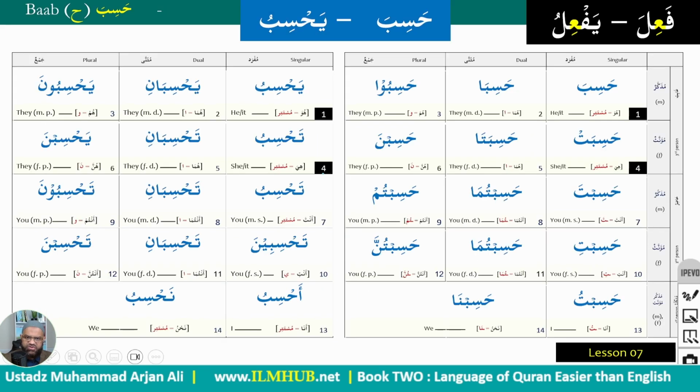So, I'm going to put it on the screen. Do write it out once. You don't need to really spend a lot of time on it. If you learned the others, there's not really any variation here. But Hasiba, Yahsibu is a very rare combination in Arabic that follows the I and the I. So Fa'ila Yaf'ilu, Hasiba Yahsibu, and we're going to use this short form.